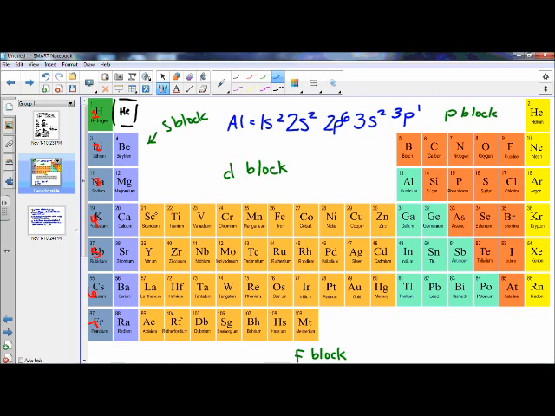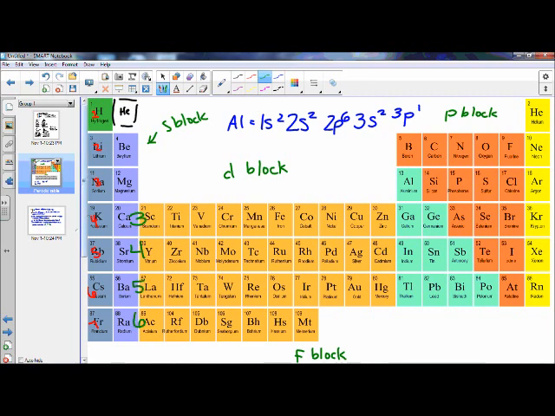Remember we talked about how the third level can hold a maximum of 18 electrons? However, if you look across here, there's only 8 electrons on this row. Where's the other 10? They're right here. Because of the Aufbau principle, there's a little quirk that says that s orbitals are very, very, very low energy.